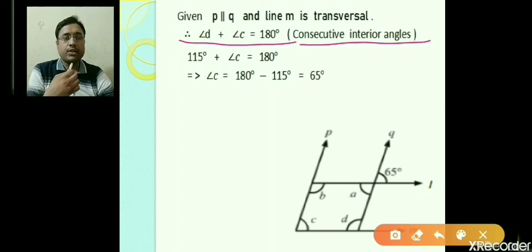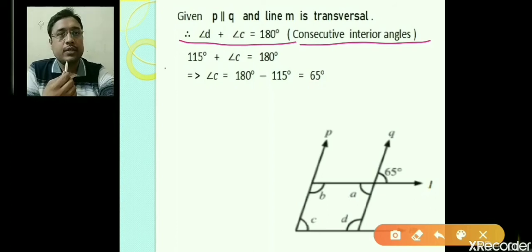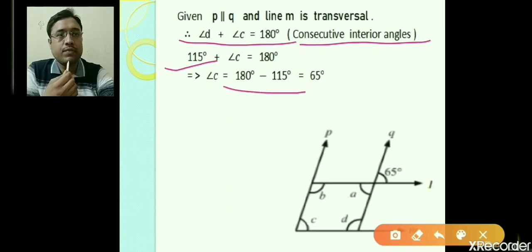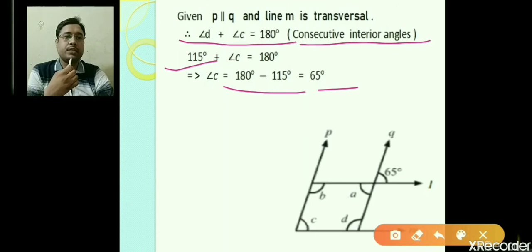Angle D we have got in the previous step as 115 degrees. So put the value of angle D, then take 115 to the right side with opposite sign. So 180 minus 115 equals 65 degrees. This is the value of angle C.